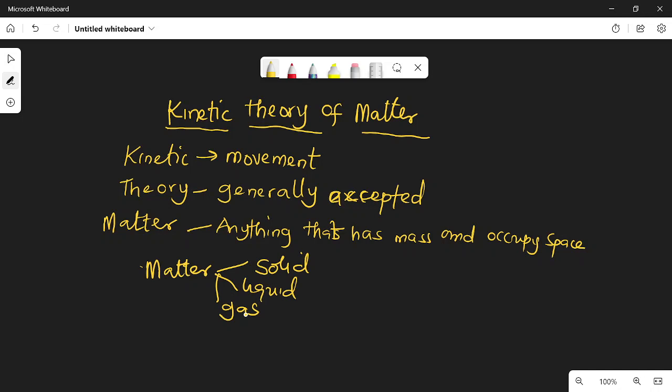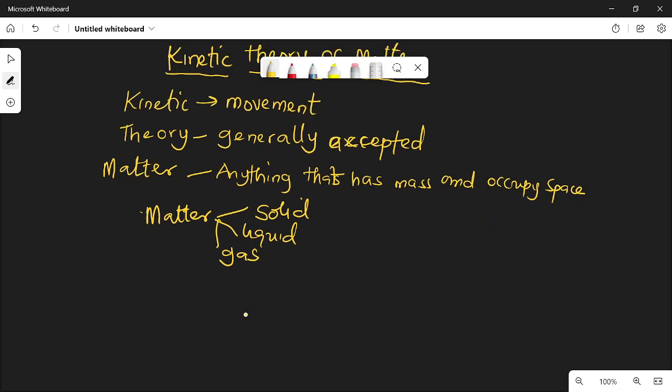So our matter, which is the solid, liquid, and gas, we regard them as matter because these are the states of matter. Now, the meaning of this topic is that if we have kinetic theory of matter, it means our solid or our liquid or our gas can be in a kind of movement which we want to talk about extensively in today's class. Very, very important.